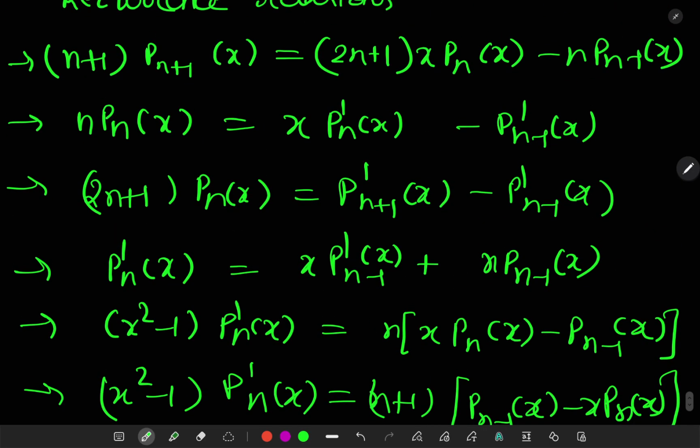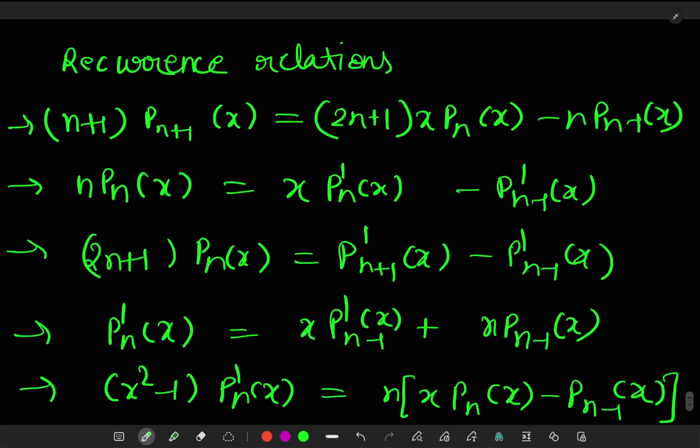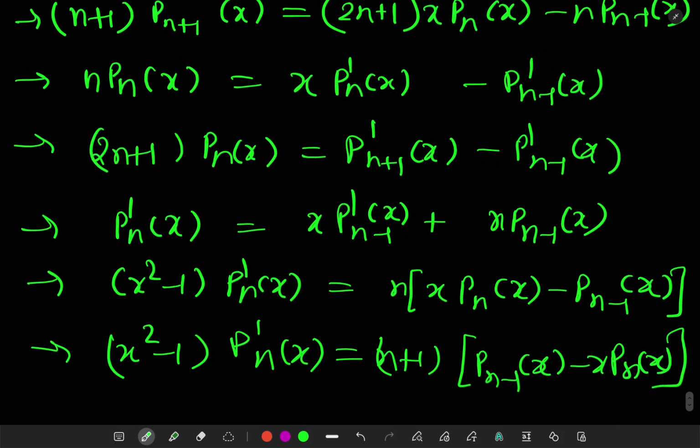Why are these relations important? Because we can convert these relations into many forms. We can put n equal to n minus 1, n minus 2 to convert these recurrence relations into another form.